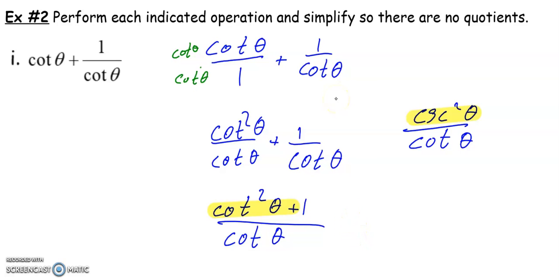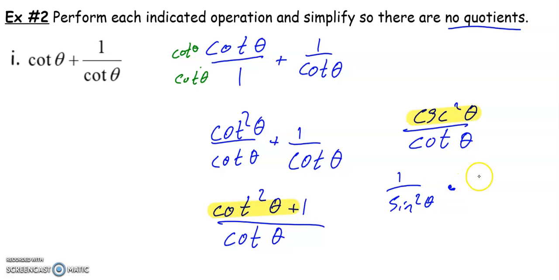Now we're looking at this and we're like, okay, well that might be done, except the instructions say no quotients. We can't have fractions in my answers. So cosecant squared theta is really 1 over sine squared theta, and I am dividing that by cotangent theta, which, if you remember, is cosine over sine.